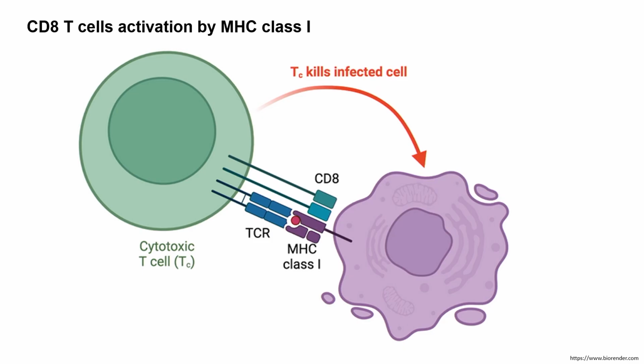Just to summarize the whole picture, we will look into the details of the downstream cascade of how these cytotoxic T cells are activated in our later classes, but till now what we have understood is that there is an activation of CD8 specific T cells by the MHC1 class.